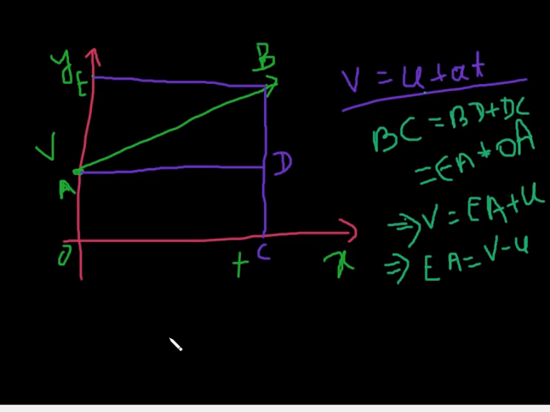Now, as you know, acceleration is nothing but the change in velocity divided by change in time. So here acceleration is equal to, what is change in velocity here? Final velocity is BC, initial velocity is BD. So BD is the change in velocity, divided by change in time, that is OC.